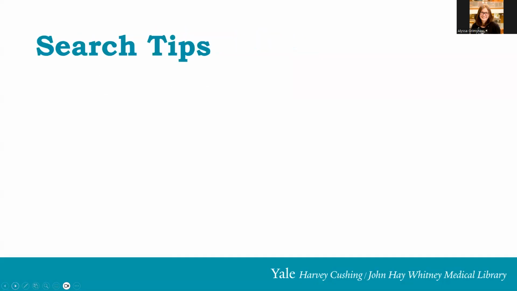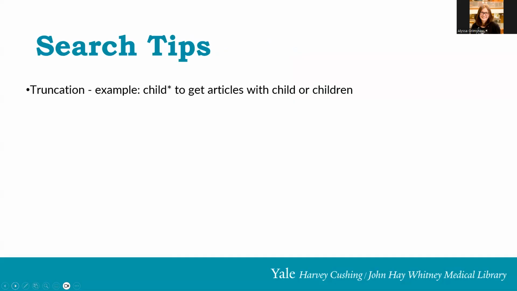Okay, so moving on to search tips. It's really important that when you're developing a search strategy, even if you're doing a clinical, like a quick search versus an exhaustive search, that you're using truncation. So you want to break down that word to the closest root of that word where everything else would be relevant. So for instance, if we were doing something with children, we would want to put child* with an asterisk after it so that we're getting child, children, childhood, any relevant terms.